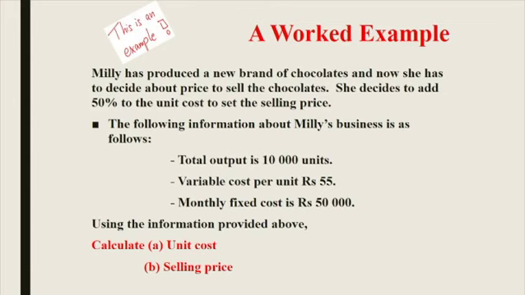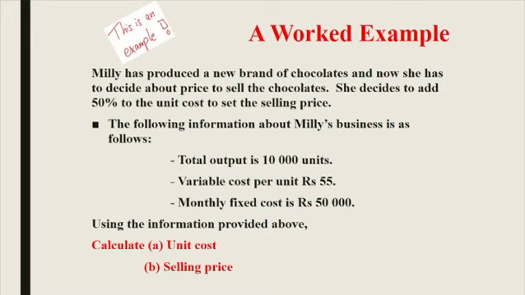Here is an example. Millie has produced a new brand of chocolate and now she has to decide about prices to sell the chocolates. She decides to add 50% to the unit cost to set the selling price. The following information about Millie's business is as follows.